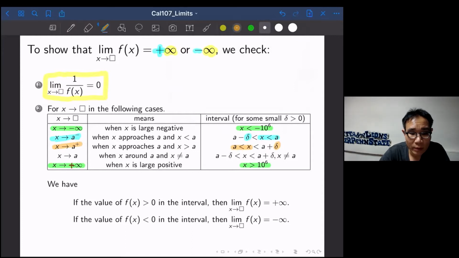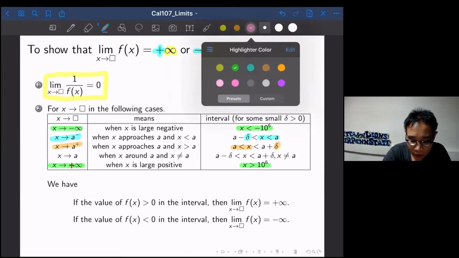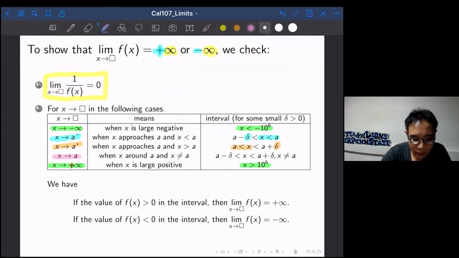And if you have x around a, you use the notation x goes to a like this, meaning x between a minus delta and a plus delta, and x not equal to a. And you're going to determine the sign. If the sign of f(x) is positive, you will write positive infinity.